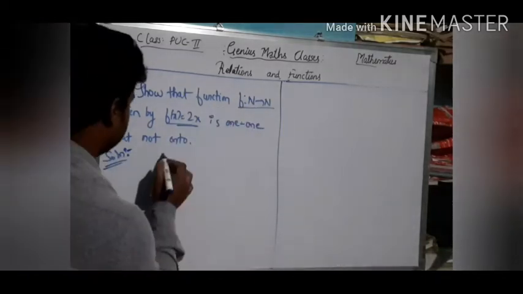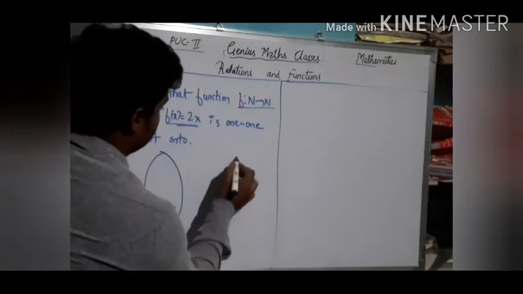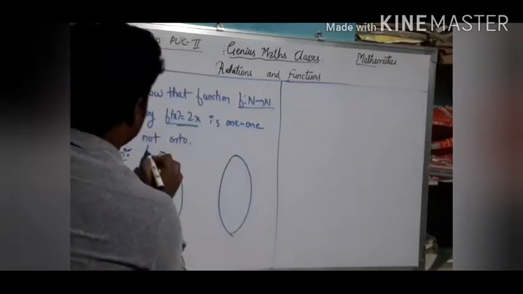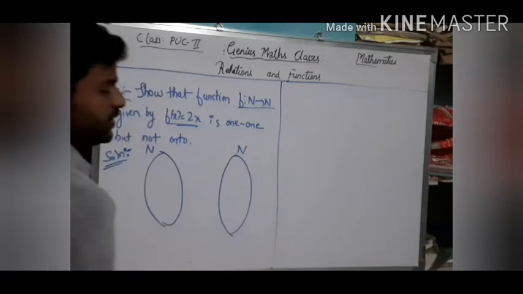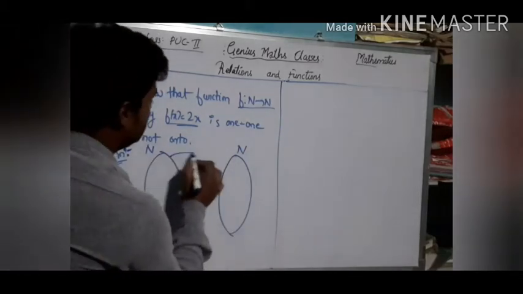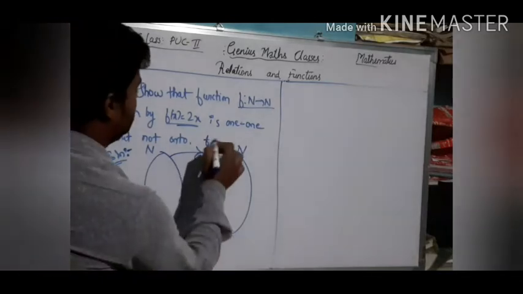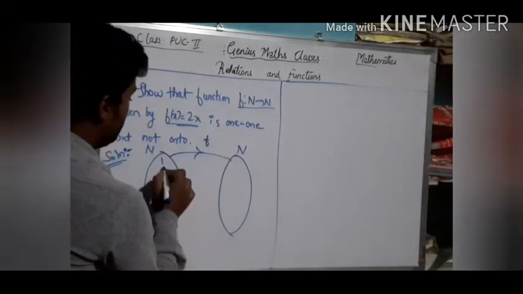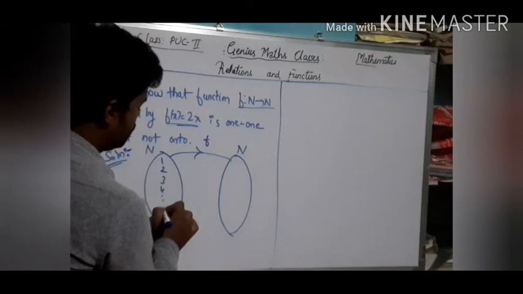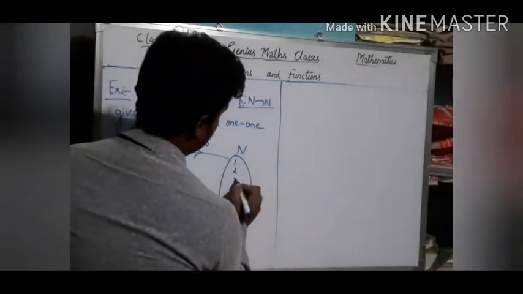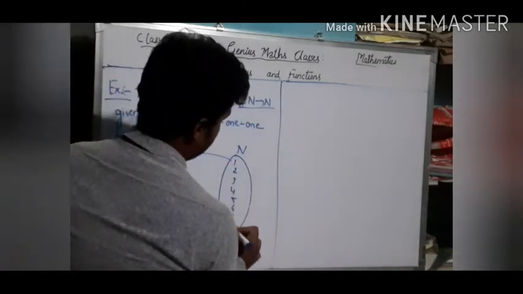Just observe here. This is N and this is also N, so we are defining the function f from N to N. N is the natural numbers 1, 2, 3, 4 and so on. Here also 1, 2, 3, 4, 5, 6 and so on.